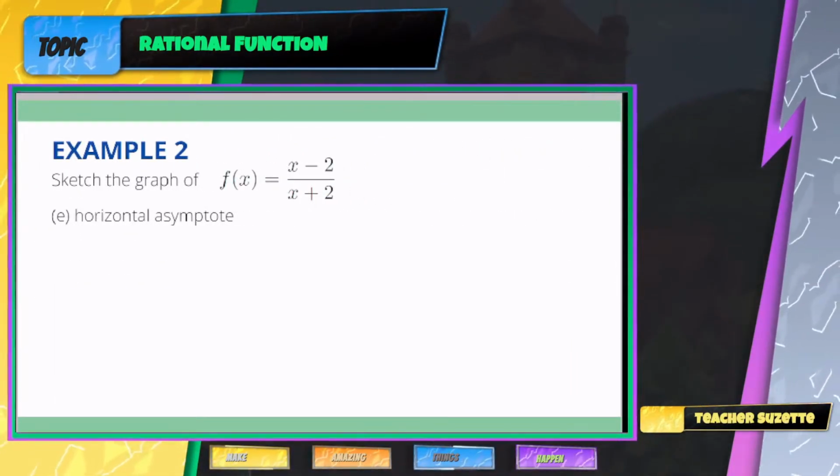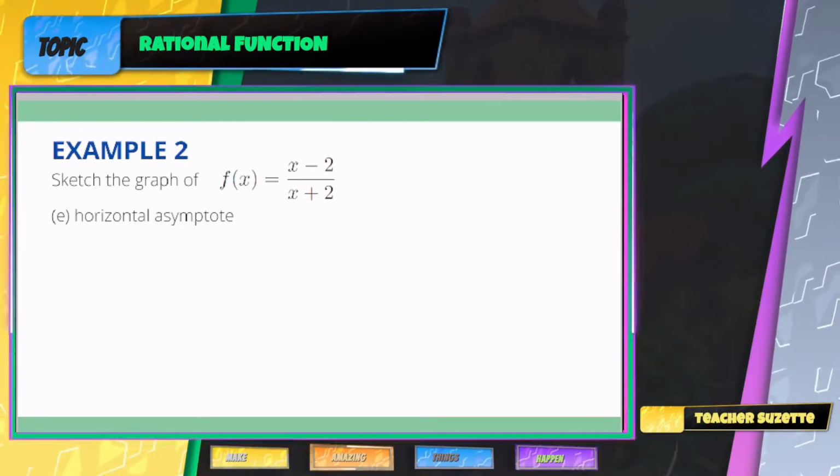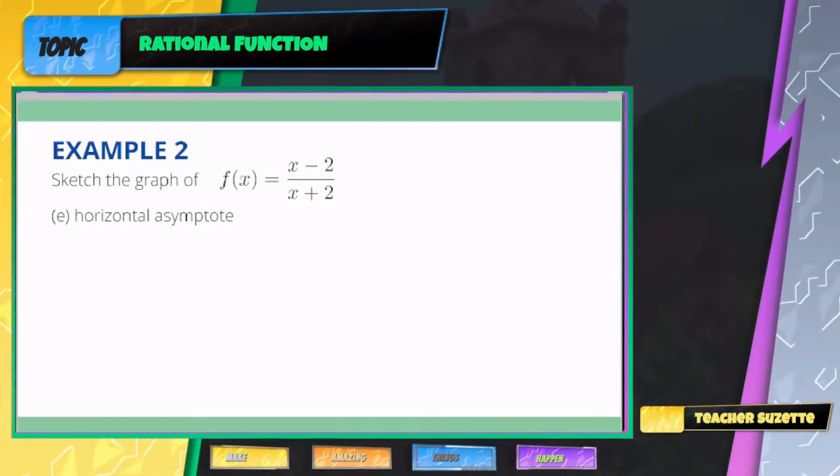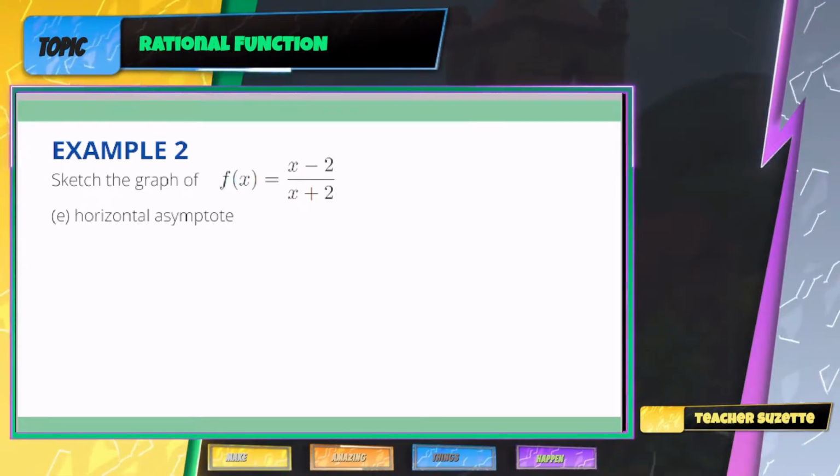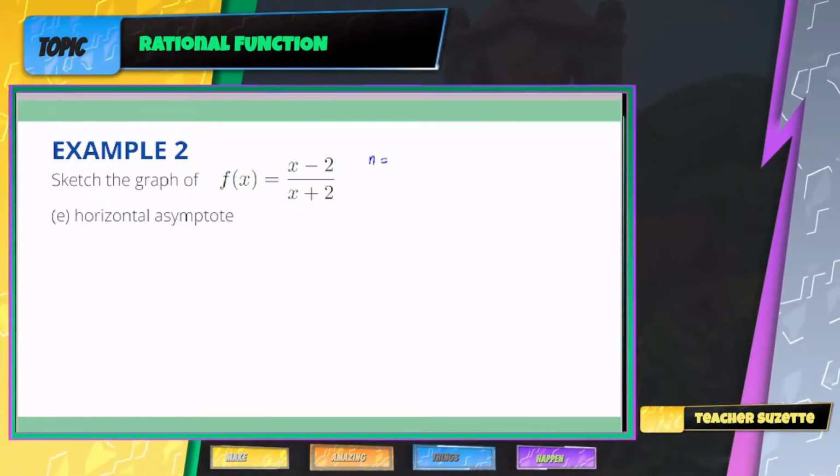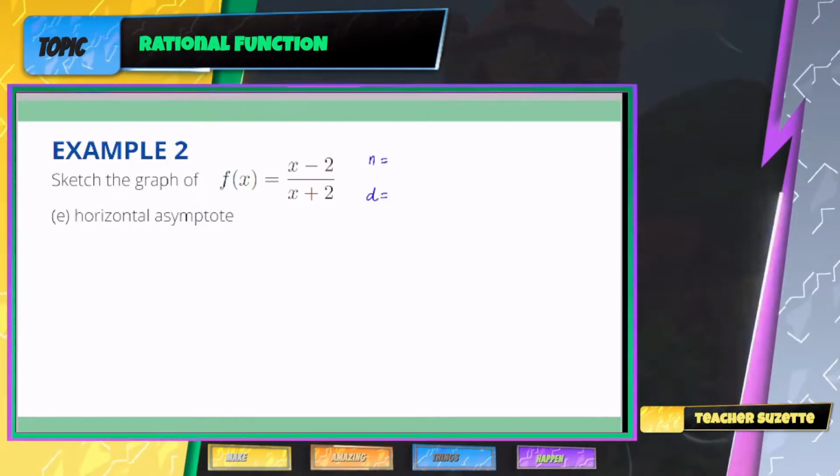Then we also have our horizontal asymptote. Our horizontal asymptote can be taken when we compare the degree n of our numerator and the degree d of our denominator.